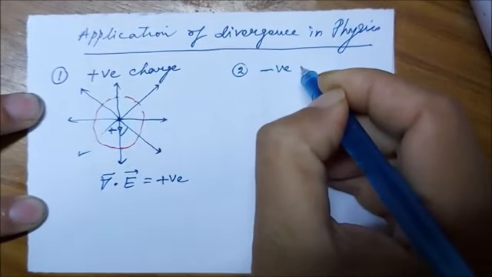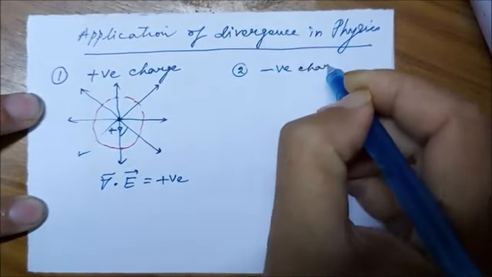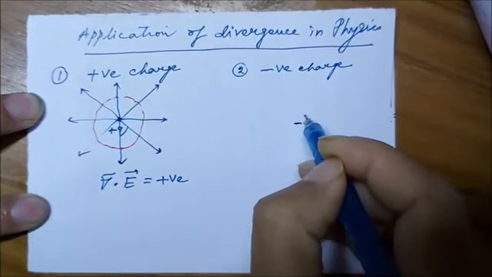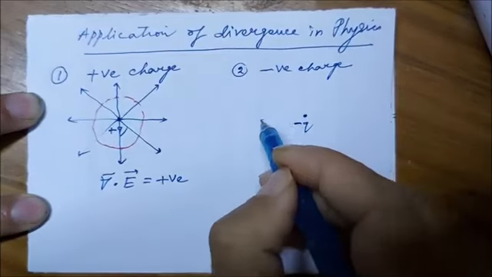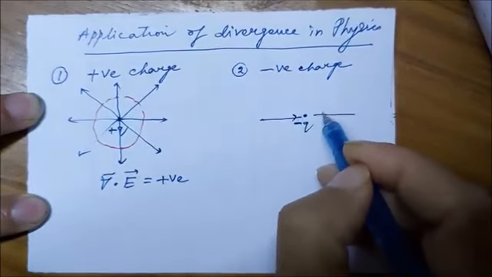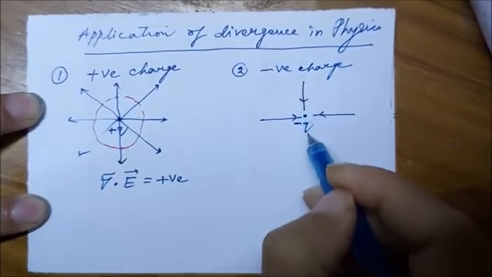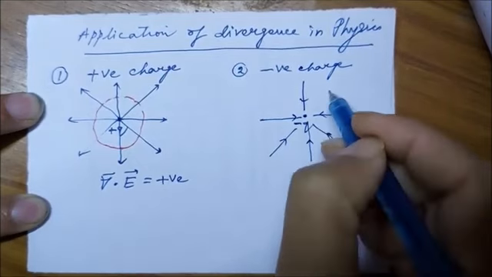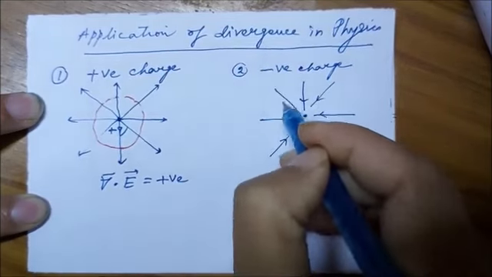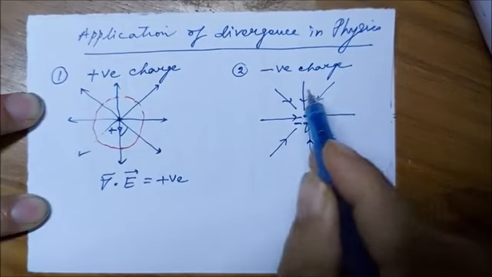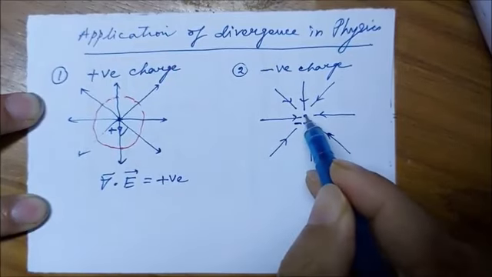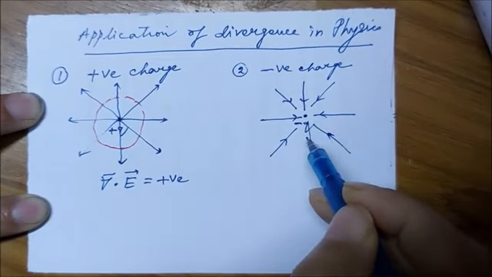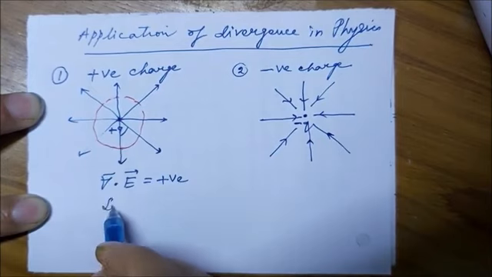Let us consider a negative charge, a point charge. So this is the negative point charge, and the electrostatic field lines are convergent to this point. So this is a sink point in contrast to this point, which is a source point.